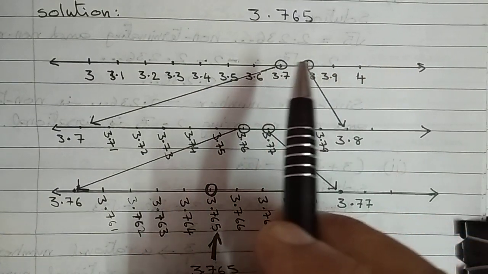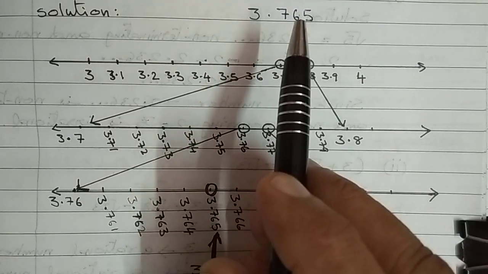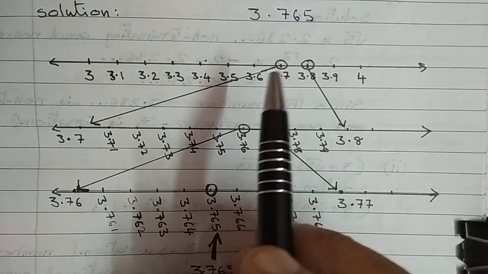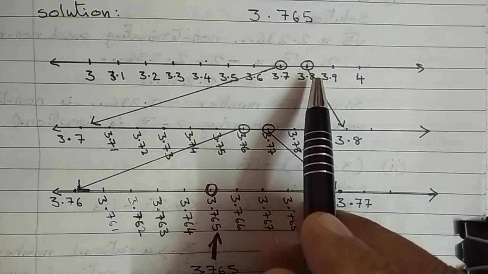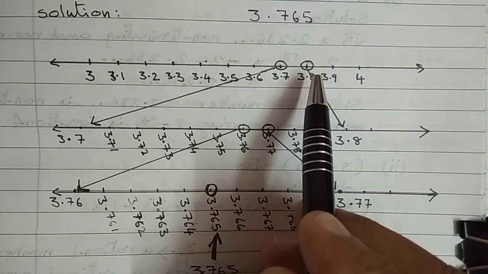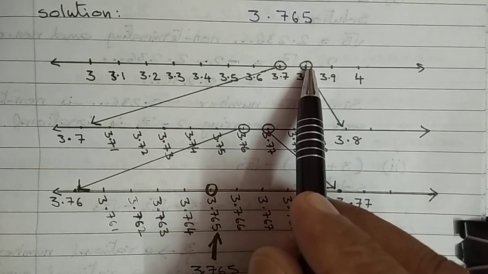After that, we come to the conclusion that 3.765 is in between 3.7 and 3.8.